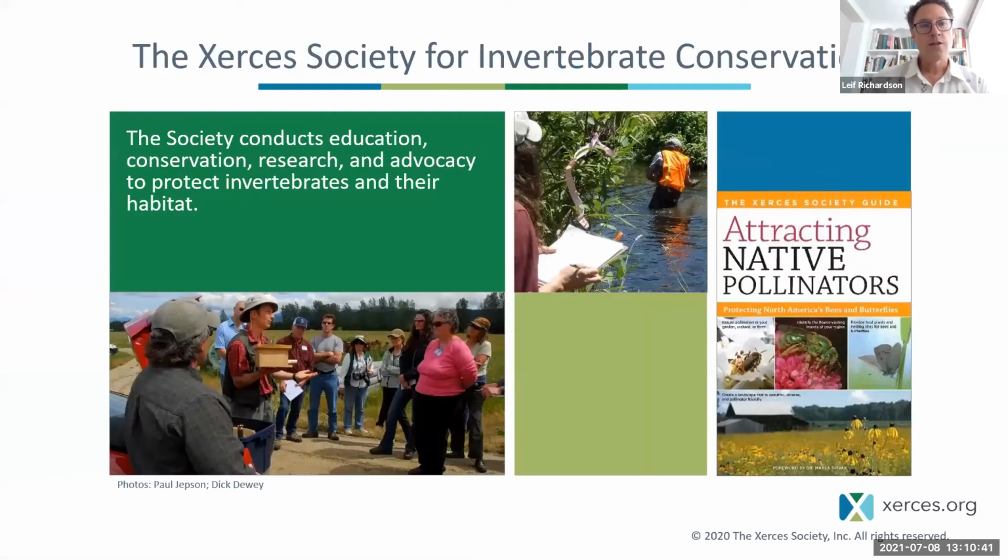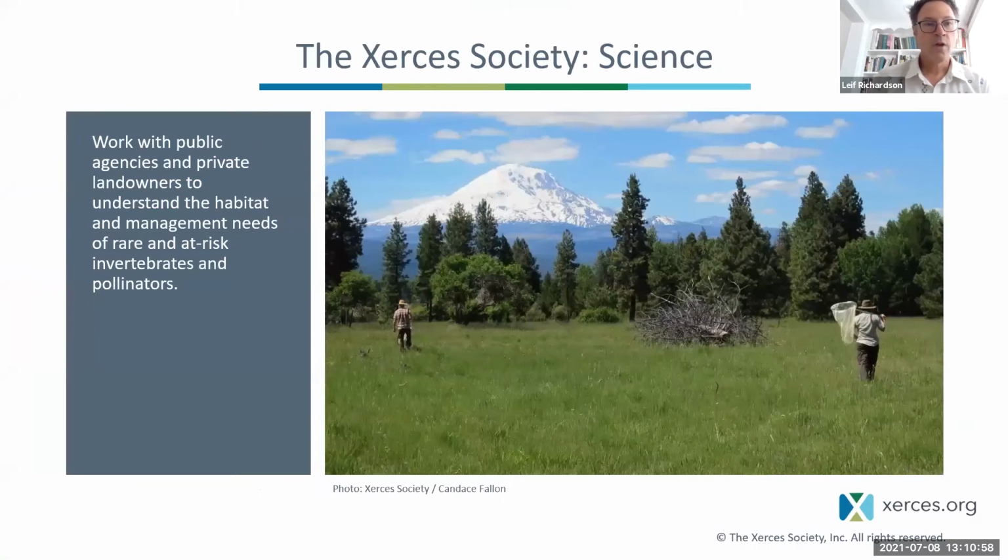We conduct education, conservation research, and advocacy to protect invertebrates and their habitats. So we do this through direct interactions with volunteers and other stakeholders, such as yourselves today, through field research and through publication. We work with public agencies and private landowners to conserve invertebrates and other species.